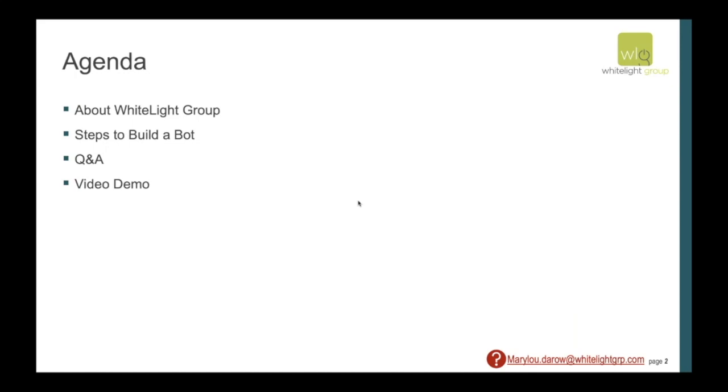If you want to review, go to White Light Group's YouTube site, and you'll be able to see all the other webinars and learn a little more about the basics. We're going to focus today on the steps to build a bot, what that takes. We'll go over some questions and answers at the end, and then if you still have time in your day, we have some bonus features. We'll actually have a video of us building a bot in UiPath.